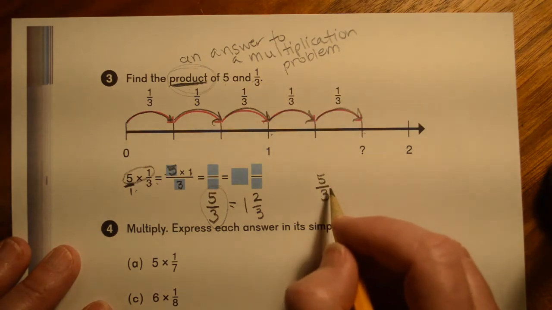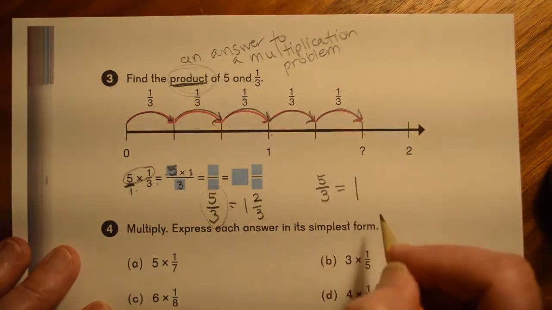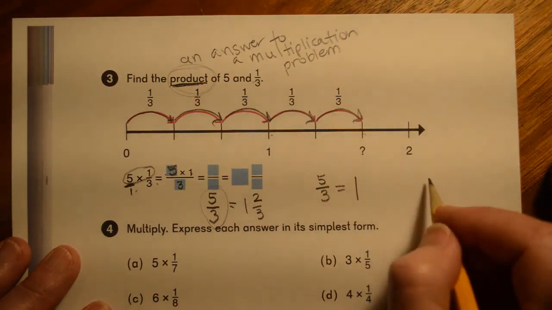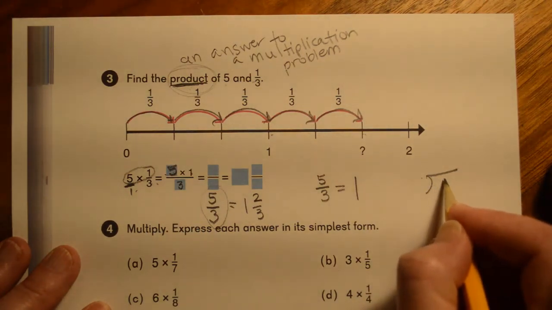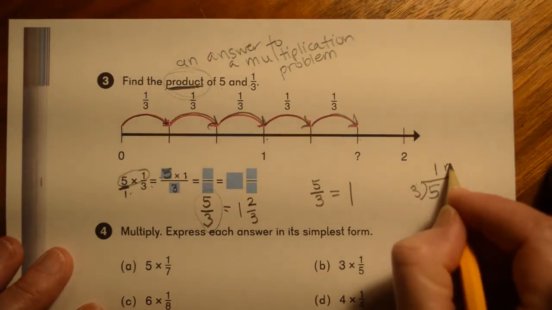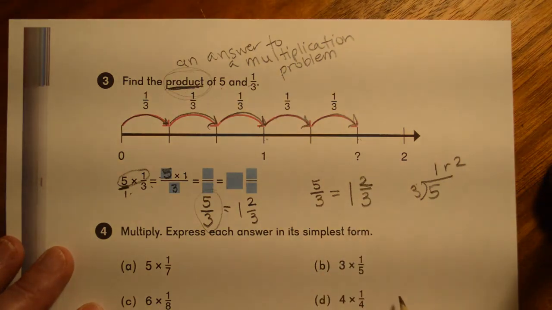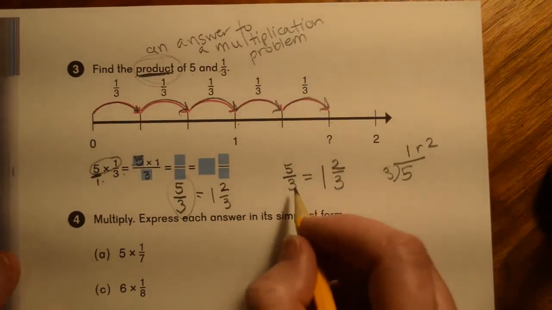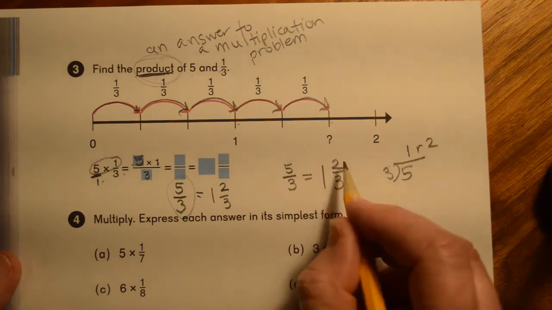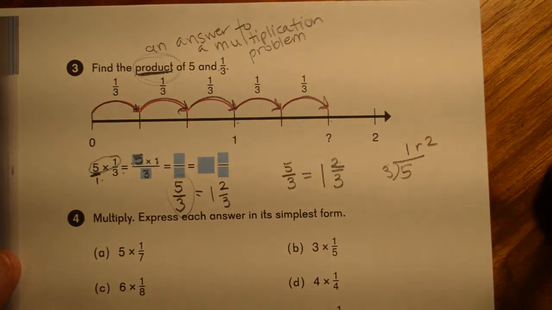In other words, I'm going to do 5 divided by 3. When I do 5 divided by 3, I get 1. I can only make one group of 3 out of that, and then I get 2 left over, and that 2 says I have 2 of our thirds pieces left over. After I've made a group of 3, I have 2 pieces left over. What were those pieces? They're called thirds.